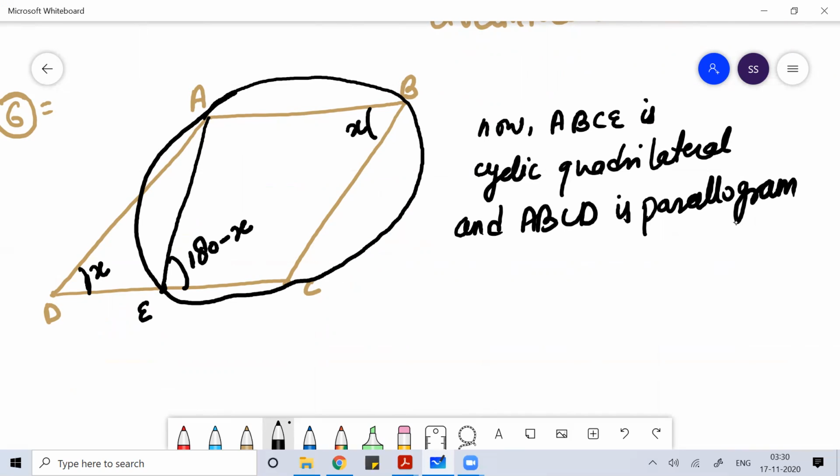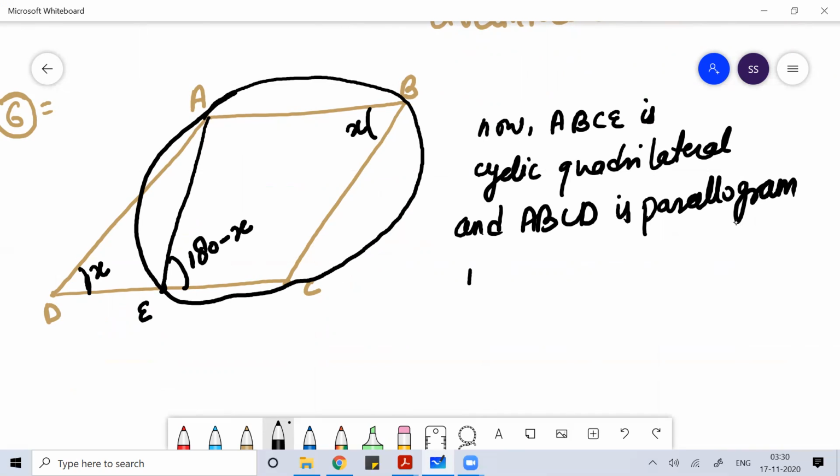Because angle AEC and angle ABC would be cyclic quadrilateral, and angle ADC will be equal to angle ABC because they are the opposite angles of a parallelogram.